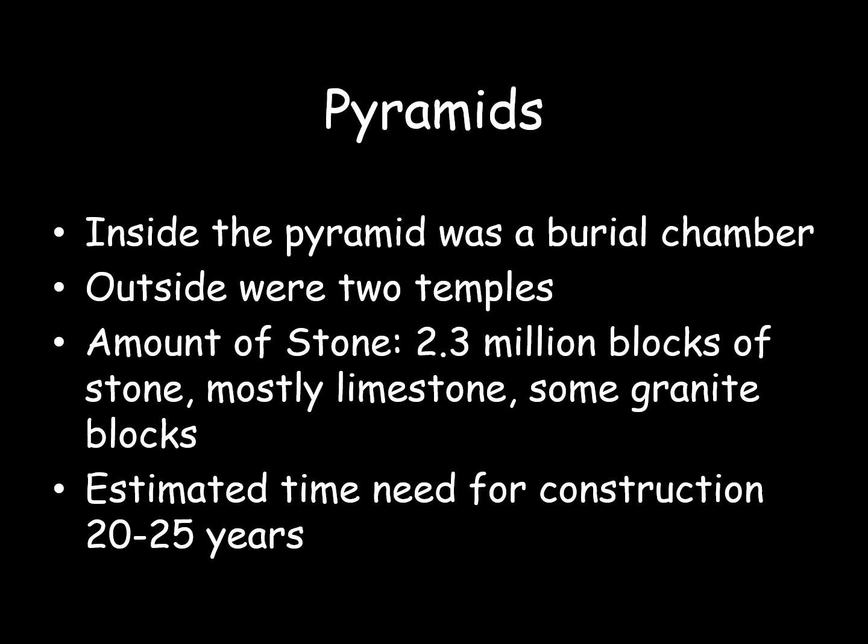Okay, so inside of the pyramid was a burial chamber. That's where they laid the pharaoh. And outside were two temples, basically to guard the pyramid. One of the larger pyramids took 2.3 million blocks of stone, mostly limestone, with some granite blocks, and the estimated time to make these was 20 to 25 years.